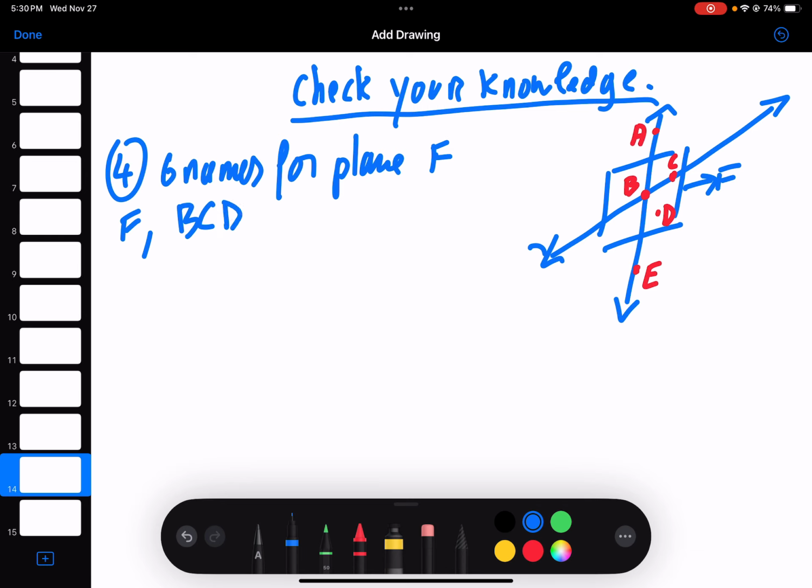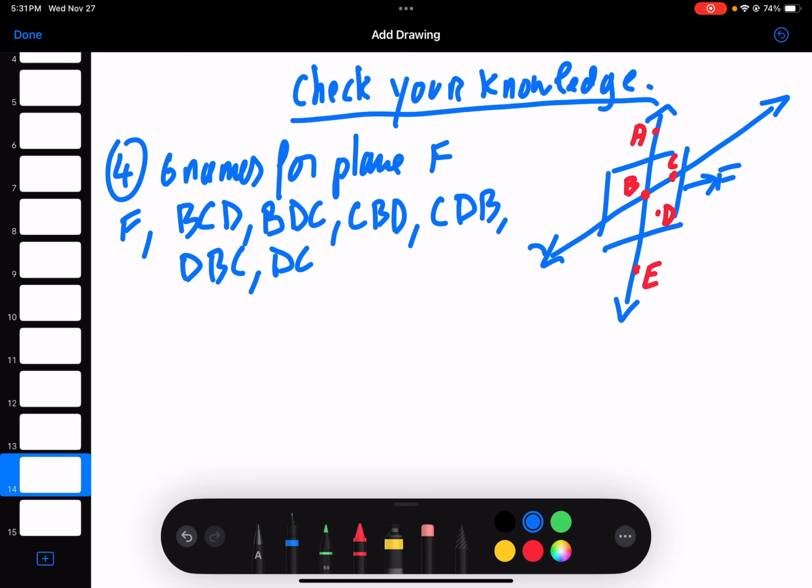And all of the combinations, right? BCD, BDC, CBD, don't do drugs, CDB, okay, we didn't start with a D, so we could have DBC and DCB, right? 1, 2, 3, 4, 5, 6. There you go.